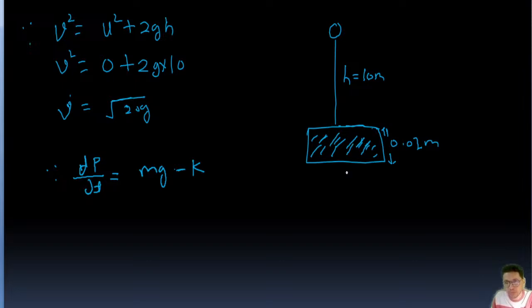Okay, this is the force, because the cushion has constant resistive force. Let that constant resistive force be k, right? So this is the equation of motion, the equation of second law of motion, you can say. So dp upon dt equal to mg, where m is the mass of the object, g is the acceleration due to gravity.